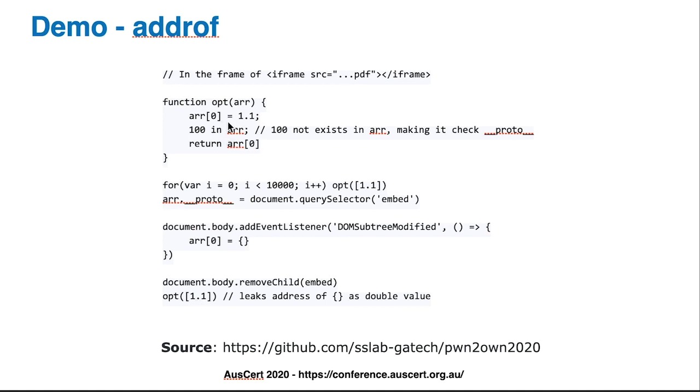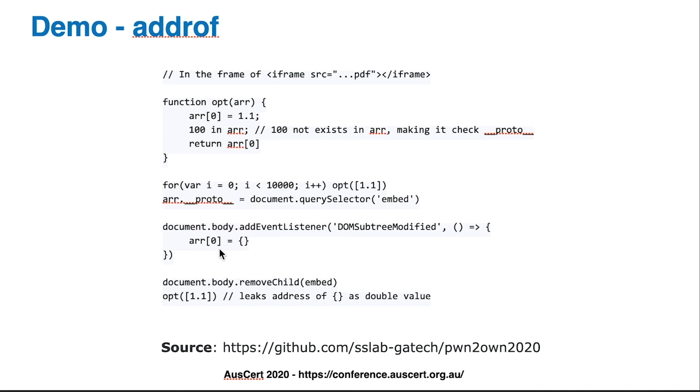Now what happens is that when it calls this function, it finds out that the 100 index is not available in the array, so it looks for the proto property, which means it looks at the embed element. Internally this calls the function appendChild. Once that function is called, the DOMSubtreeModified event handler is called, which changes the first index of the array object to this one, curly braces, right?